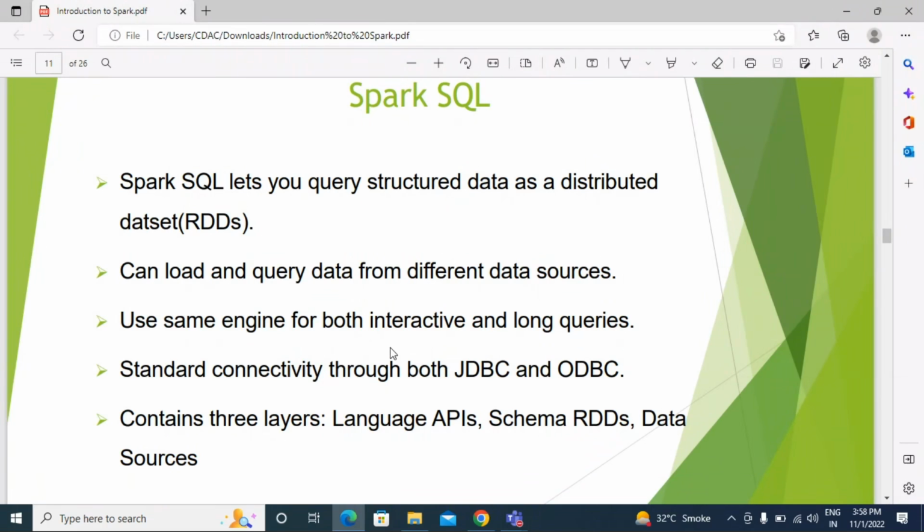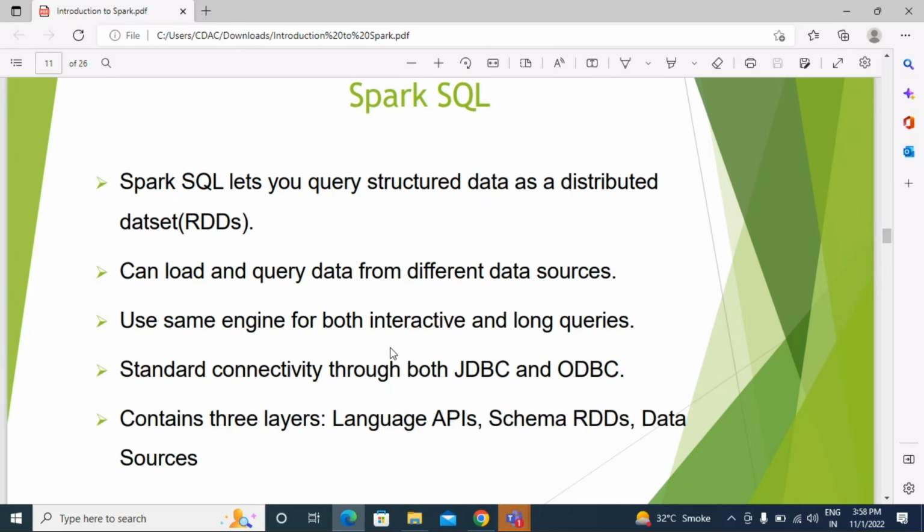Spark SQL lets you query structured data. Let's say you are dealing with structured data. Big data is not always in the form of just unstructured, or a structured and semi-structured combination. It can be structured data, but if the volume is so high that you cannot process it through traditional databases, you need a mechanism to process your data.